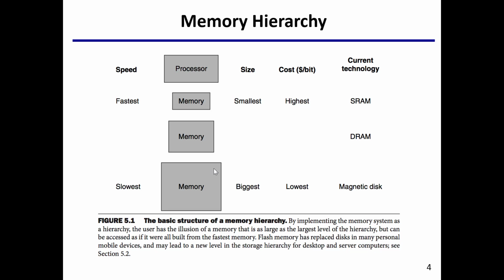As a matter of fact, there's all kinds of memory technology now. I think Dr. Yan mentioned that he's talked about SRAM and DRAM. These are basically two circuits that store a bit.